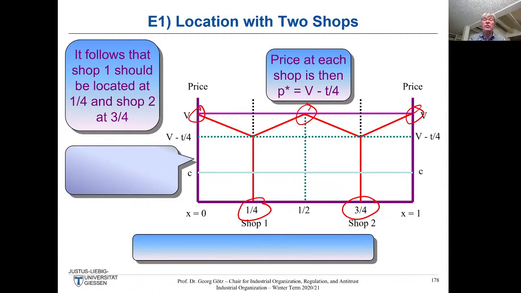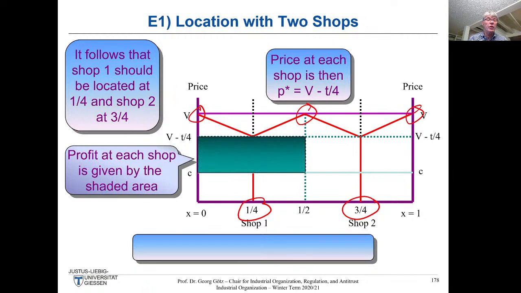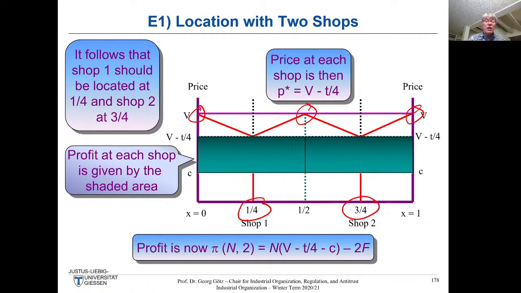And this is what is the optimal price here, this V minus T over 4. Okay, and the profit at each shop is given by the shaded area. And the profit in this case, where we have two firms, is in terms of the operating profits higher than before. Remember, before we had a price of V minus T over 2.